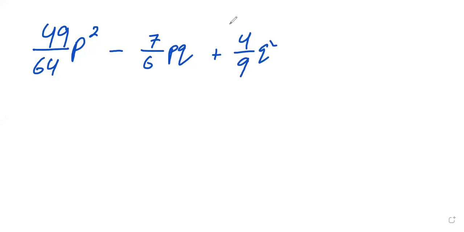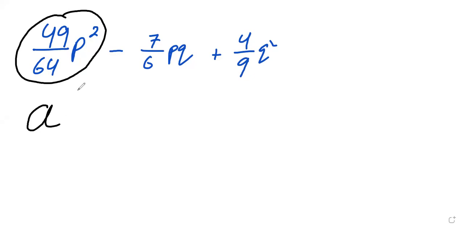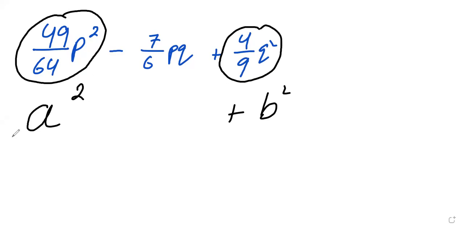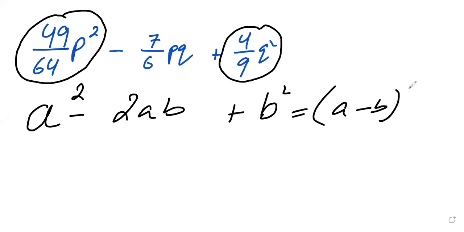Whenever I give you an algebraic fraction and say factorize, we directly use an identity. To recognize this expression, we need a perfect square. Yes, it is. We need another perfect square. Yes, it is. So this is b square, this is a square, and in the middle it is 2ab. So the result is always (a minus b) whole square.